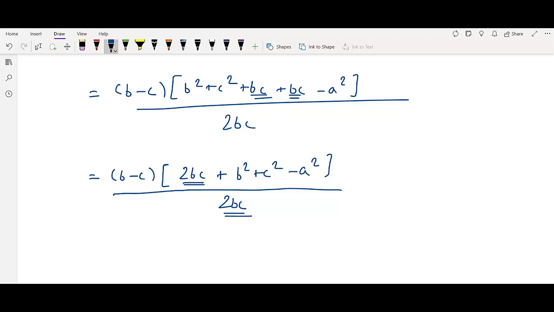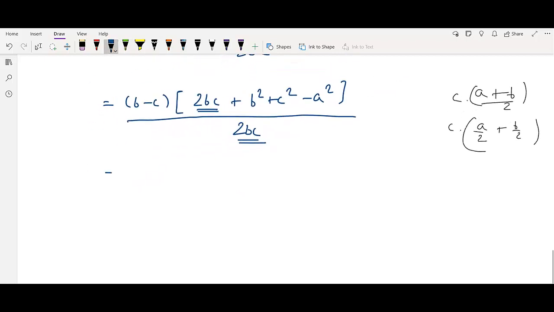So in case you are having a hard time keeping track of things here, let me show you what I mean by a simpler example. A plus b by 2 can be written as a by 2 plus b by 2. Okay, and if c is getting multiplied with this term, then I can write this whole thing as c into a by 2 plus b by 2. Okay, so that's exactly what I'm going to do here.